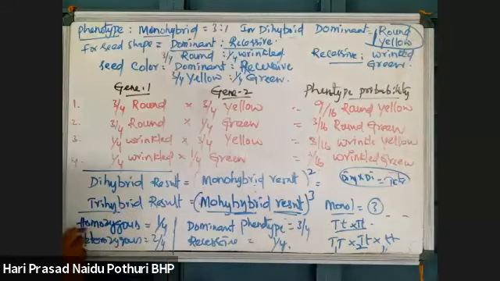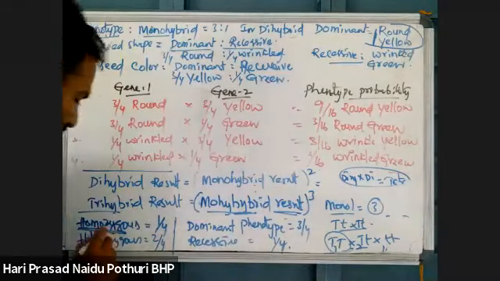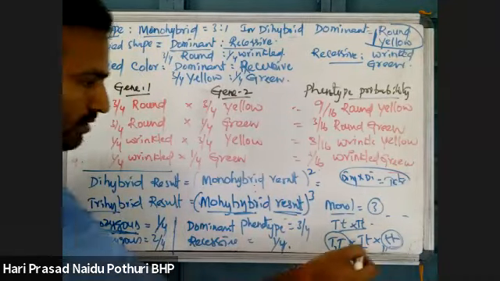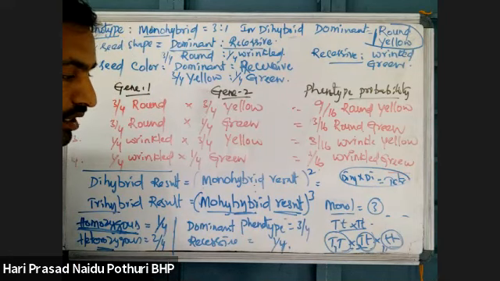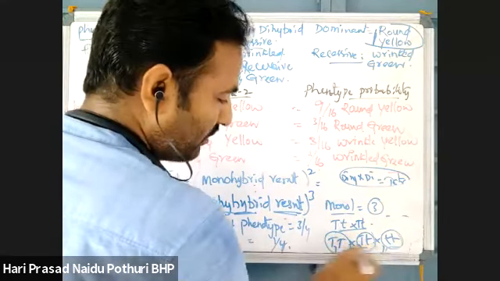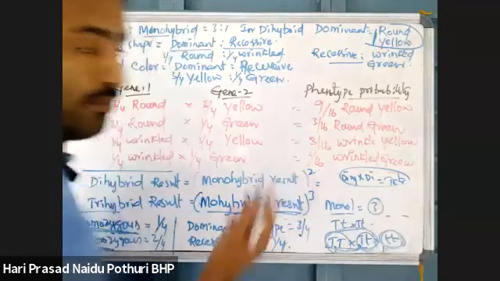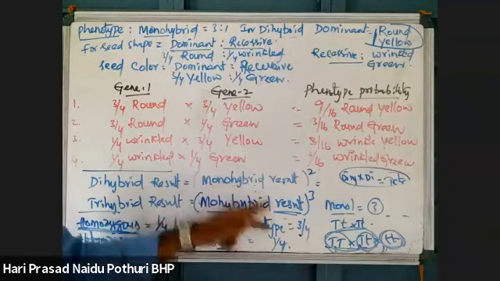See here, homozygous dominant 1 by 4, homozygous recessive 1 by 4, heterozygous 2 by 4. Dominant phenotype, these three, is 3 by 4. Recessive phenotype 1 by 4. For calculation purposes, we can use this.